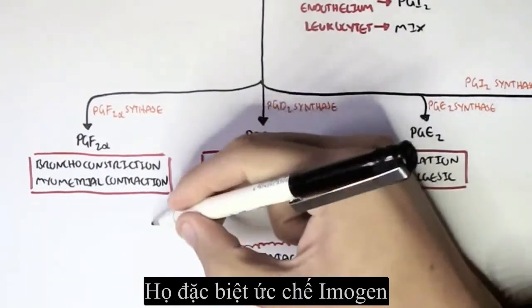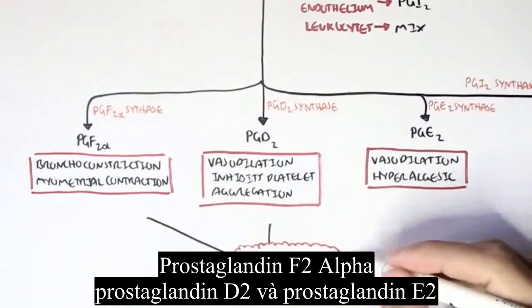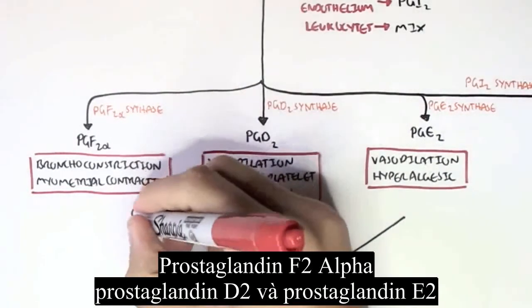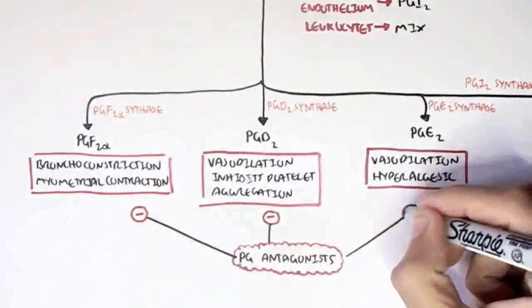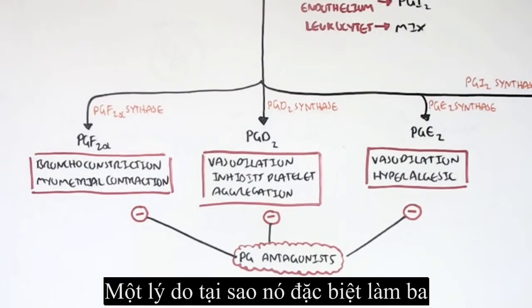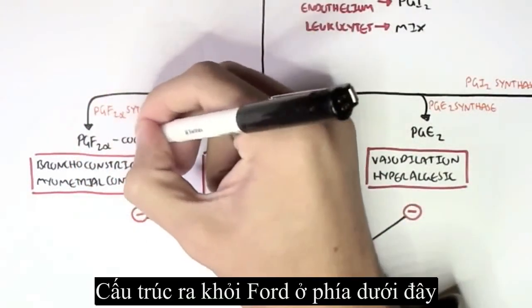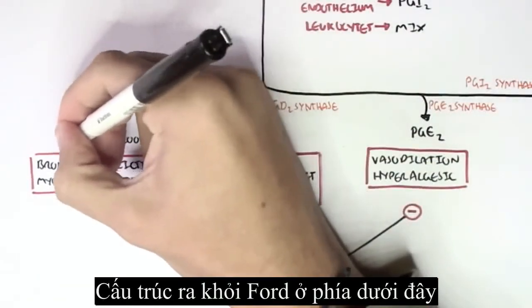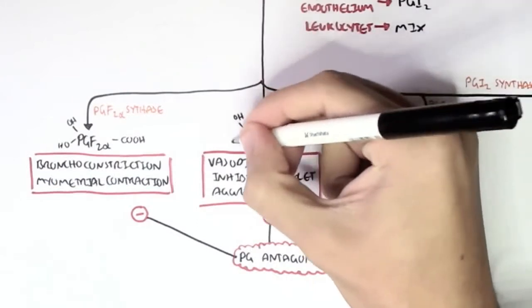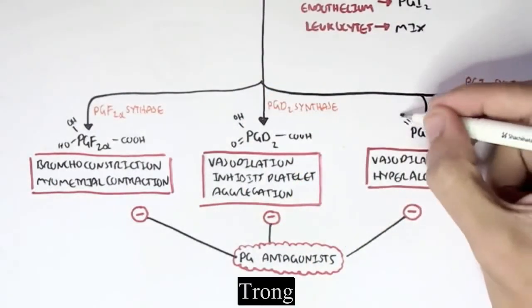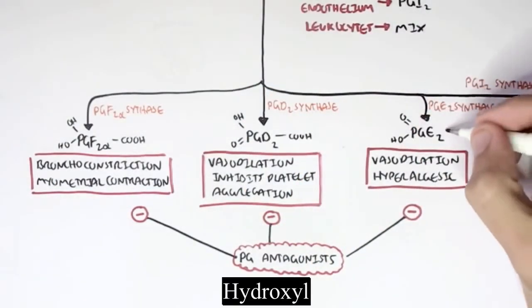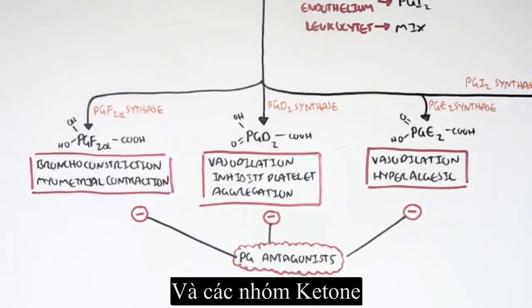They specifically inhibit prostaglandin F2 alpha, prostaglandin D2, and prostaglandin E2. Why does it specifically do these three? It's because these three share the most similar structures out of the four down the bottom here, because they only differ in the hydroxyl and ketone groups.